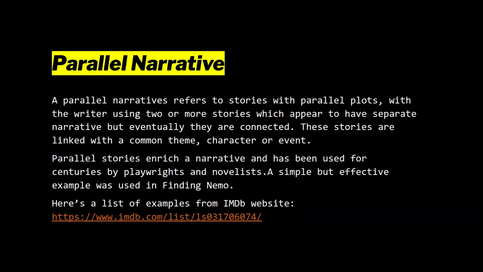There's lots of stories that have parallel narratives in them. You'd be surprised. You can come up with so many narratives with it. You can play around with parallel narratives, and it makes it more interesting as well.